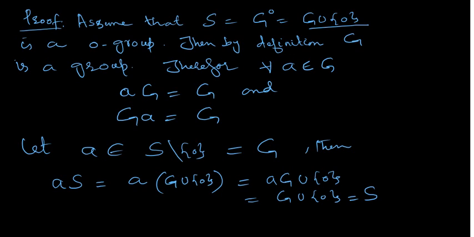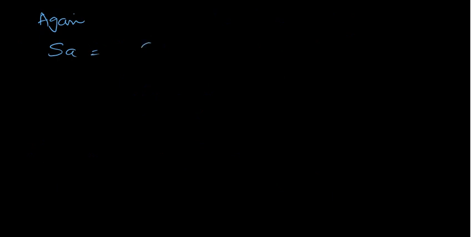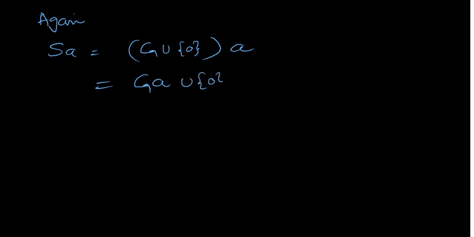Now you have to check that SA is also equal to S. So again, this SA which is equal to G union 0 times A, that's equal to GA union 0, which is equal to G union 0, and that's equal to S. So that proves this part.